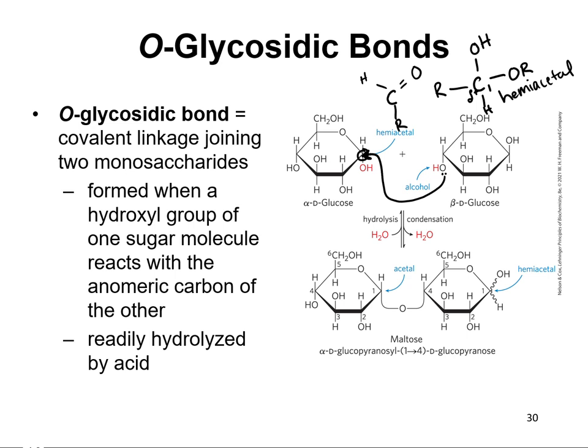Once that happens, you form an acetal, and this is the linkage. You'll notice that there are some numbers here, 1 arrow 4. That means it's 1 to 4. We have linked carbon 1 with carbon 4.